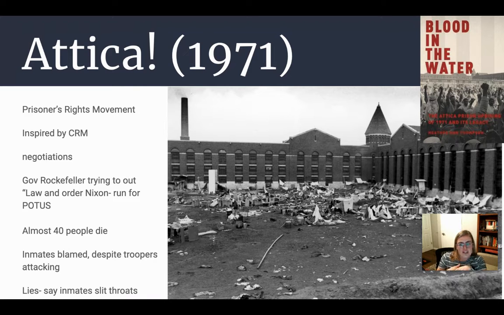And what they do is they essentially fire on the yard. And they are not careful when they fire. So they not only kill prisoners, they also kill guards. And then they blame the prisoners, they blame the inmates for the death of the guards. And they spread terrible, terrible lies about the prisoners, like that they slit people's throats and things like that. And none of those things happen. And so it's this really cruel, unfortunate, unnecessary event of violence.